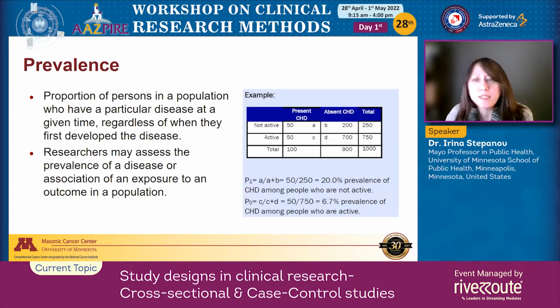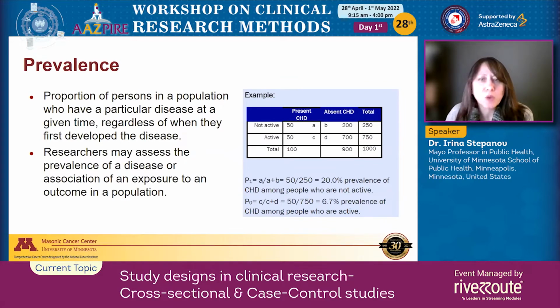I am showing a simple hypothetical example of a cross-sectional study that is illustrated in the blue box, where two different measures can be calculated. The prevalence of coronary heart disease, or CHD, among exposed people, for example, people who are not active, and the prevalence of coronary heart disease among unexposed people.